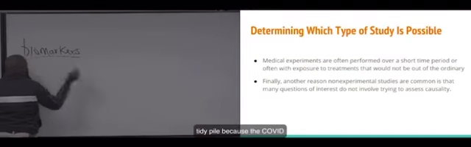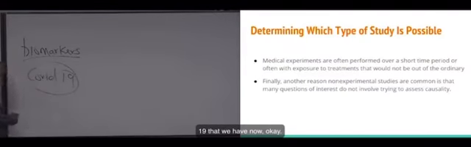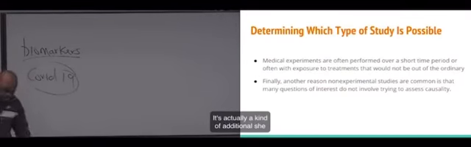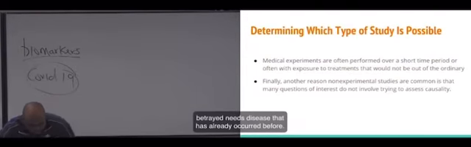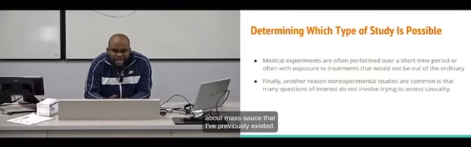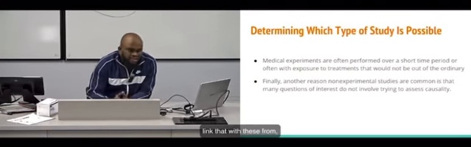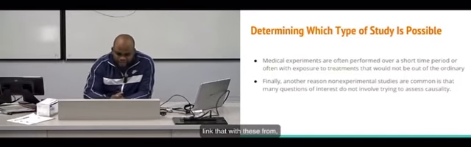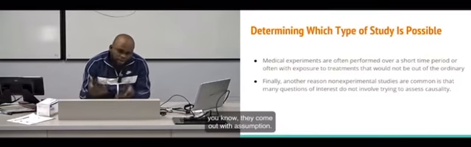The COVID-19 we have now has a kind of relationship with diseases that occurred before. Some people talk about coronavirus, SARS-2, some talk about MERS and SARS that previously existed. And the scientists were able to link that with this, and from there, they came out with something.